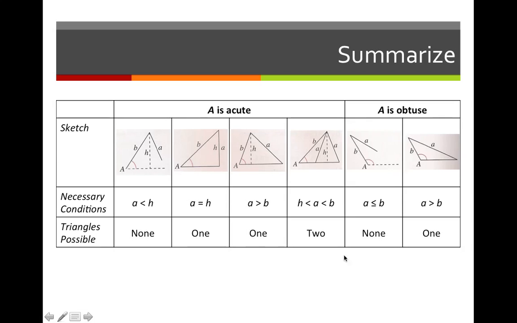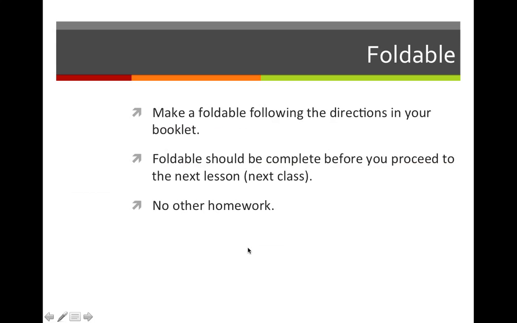So in order to keep all of this straight, because this is a little bit weird and a little bit crazy, what I want you to do for your quote-unquote homework for tonight is to make a foldable. A foldable is just kind of a paper pamphlet that you can make by folding pages in a certain way and then filling in parts of those pages to help organize information.